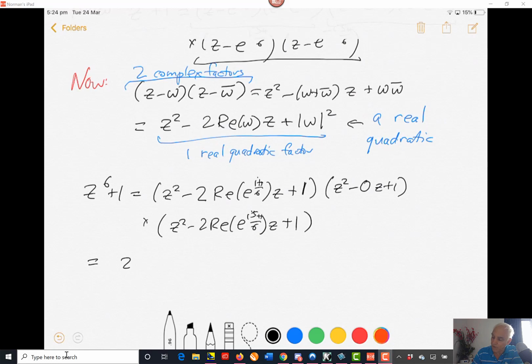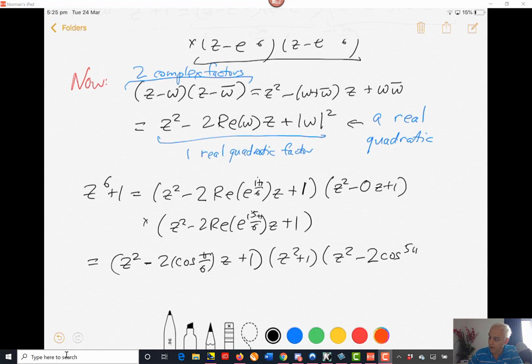Okay, so it's really z squared minus 2 times cosine of pi by 6 times z plus 1. So that's the factor. And then we have a z squared plus 1. And then we have a z squared minus 2 times cosine of 5 pi on 6 times z plus 1.